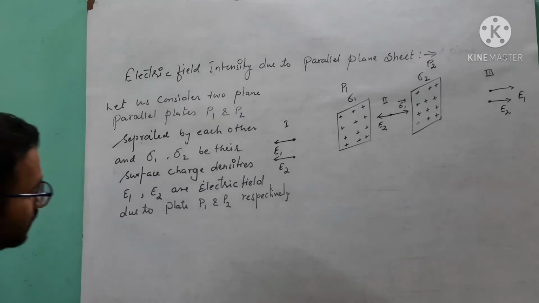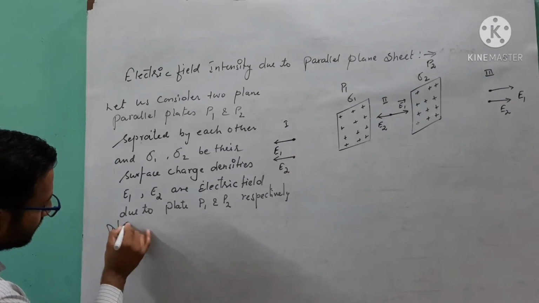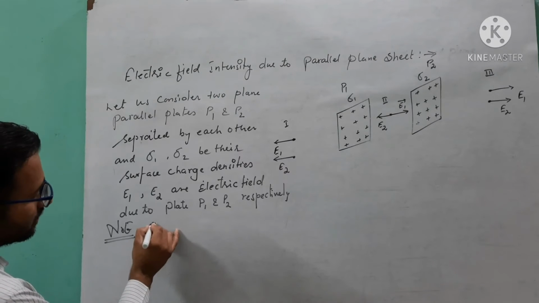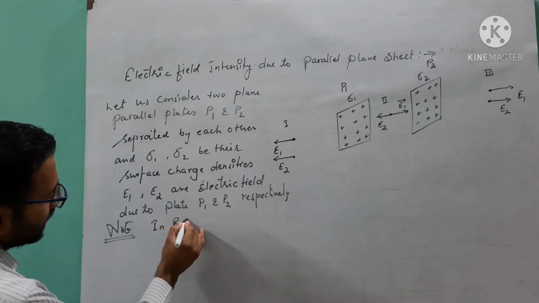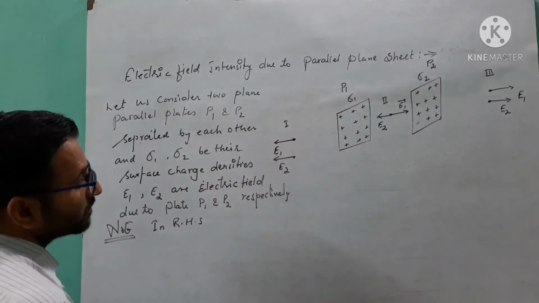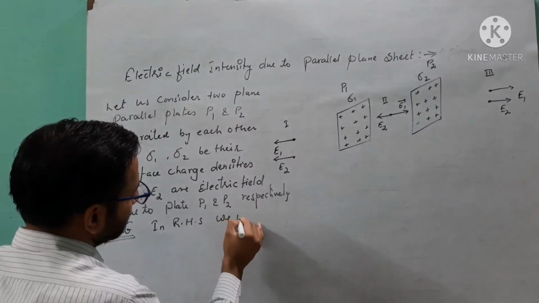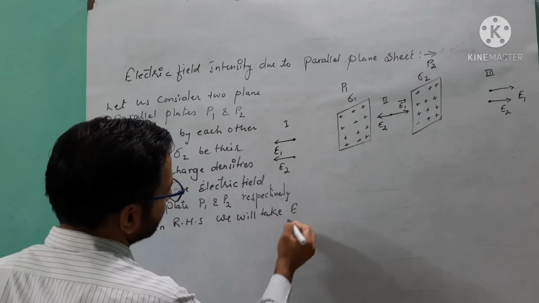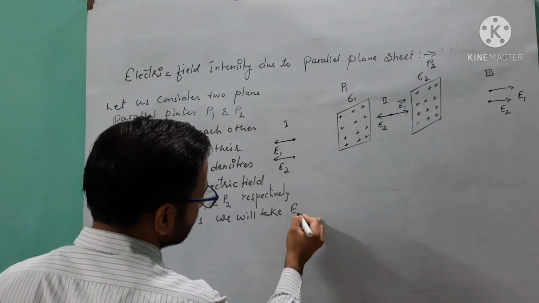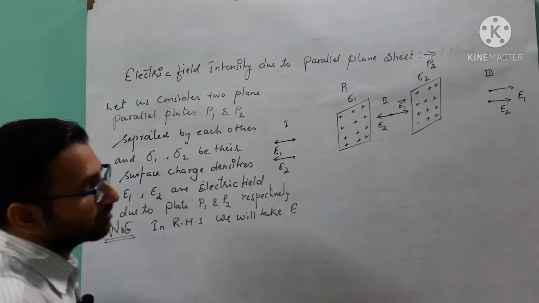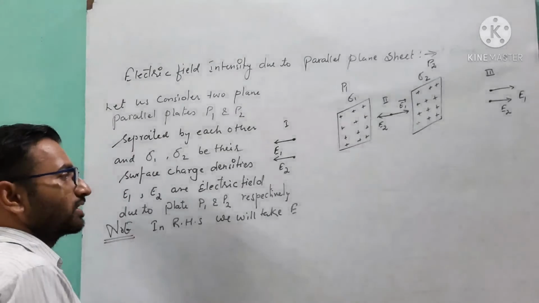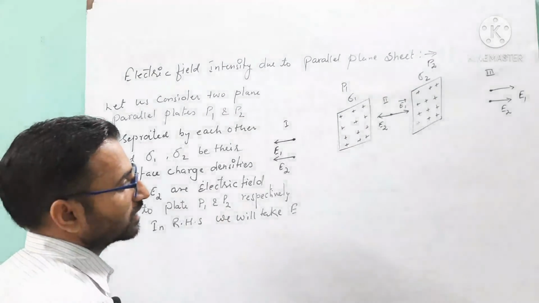Now see, note one point, students, this point is very important. In the right hand direction, from the diagram you can see, in the direction of E1 the electric field is positive, in the direction of E2 the electric field direction is negative.